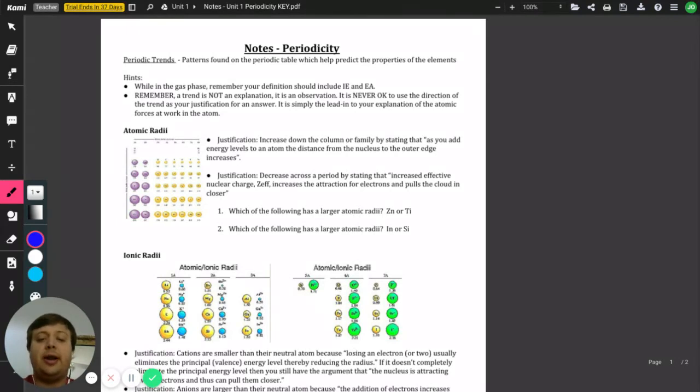For your atomic radii, as you move down a family or down a column, your size is going to get larger. Okay, and the justification that you should use when you're on your AP test is that as you add energy levels to an atom, the distance from the nucleus to the outer edge increases.